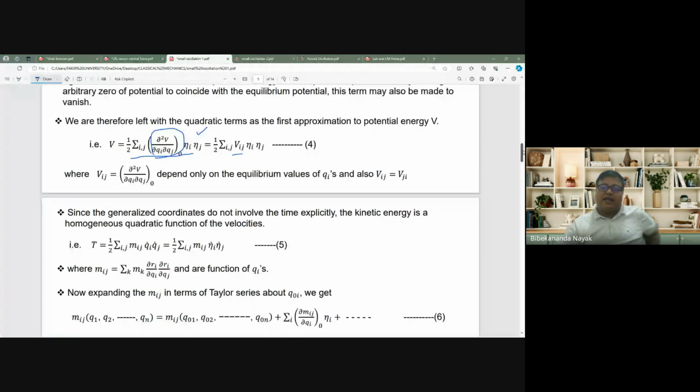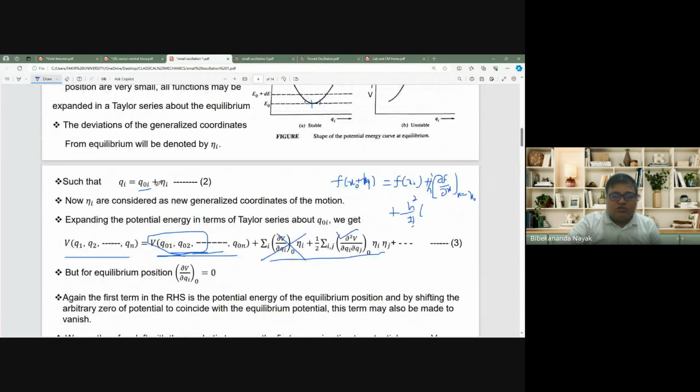Similarly, we know that kinetic energy is equal to half m v square, or if there are a number of particles, we can write it like this: half sum over i, j of M_ij q_i dot q_j dot. Here q_i is equal to q0_i plus eta_i. q0 is a constant value, so its derivative will be 0. So q_i dot means only eta_i dot.